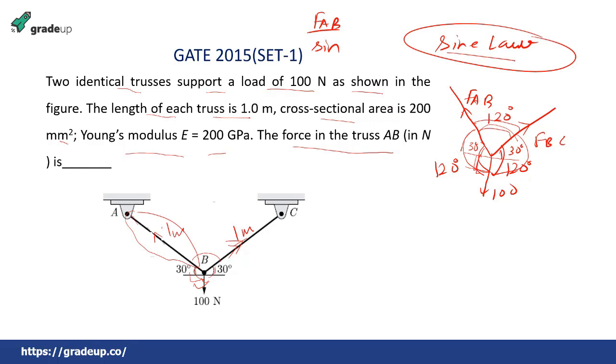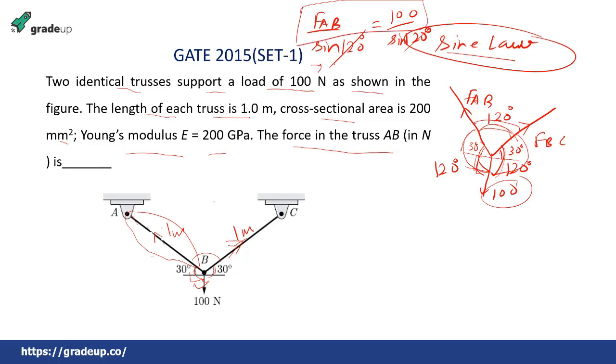So we can say that the angle opposite to FAB is 120. FAB over sine 120 degree will be equal to 100 over sine 120 degree. Do I really need to solve after this? This will get cancelled out. FAB will be equal to 100.